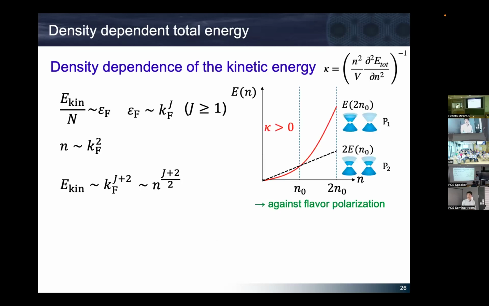Okay, so we can distinguish phases that are concave up or concave down. Here we have the inverse compressibility, which is the second derivative of the total energy as a function of density. For these kinds of phases, the spin non-polarized, pseudospin non-polarized phases are favored.